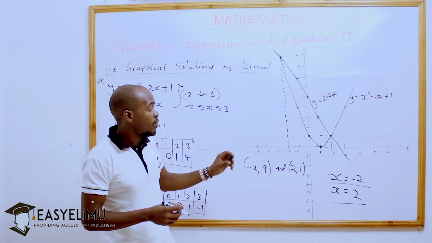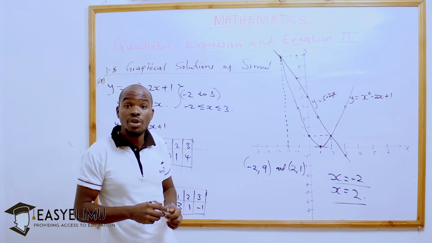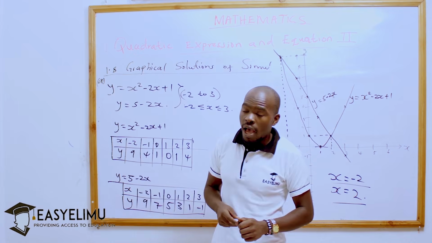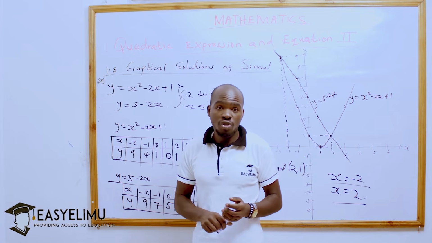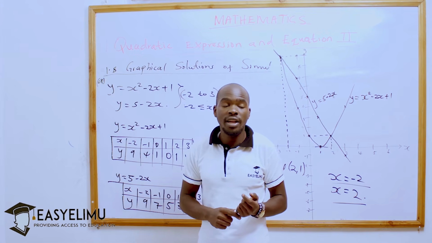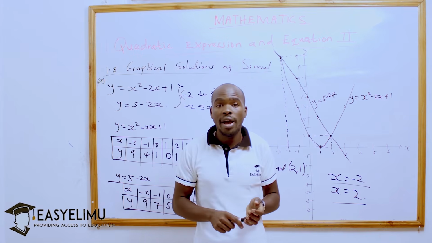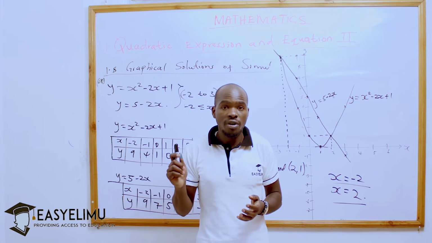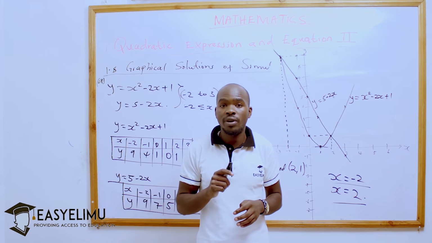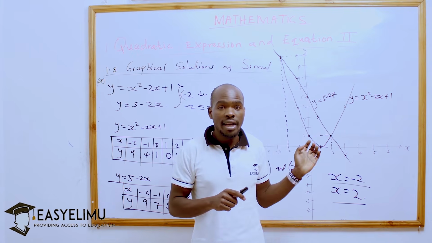That same knowledge can be used to handle any kind of given quadratic function together with a linear function, and you can get the value of x and also the value of y at the point where the linear function cuts the quadratic function on the Cartesian plane.